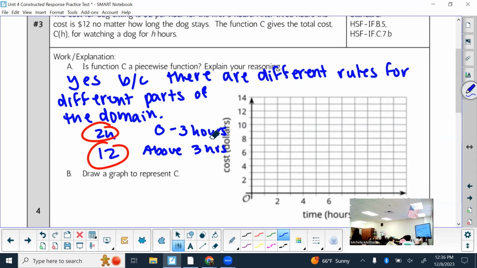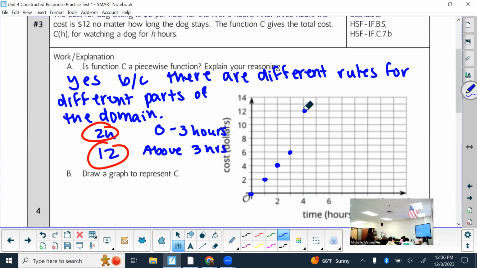How much does she charge when it's 0 hours? What about 1 hour? What about 2 hours? What about 3 hours? And then at 4 hours, what are they charging? So then that's where it starts to be different, right?